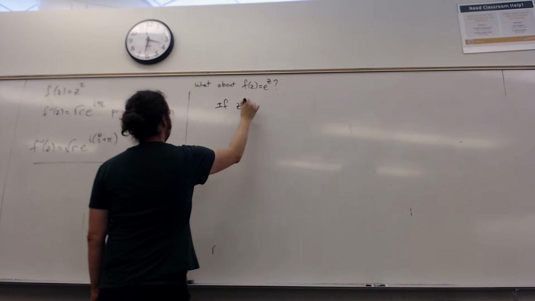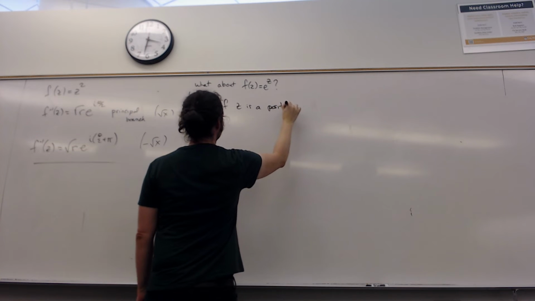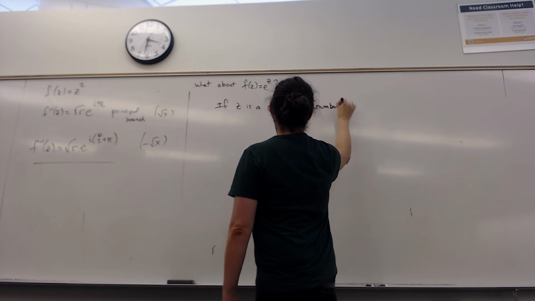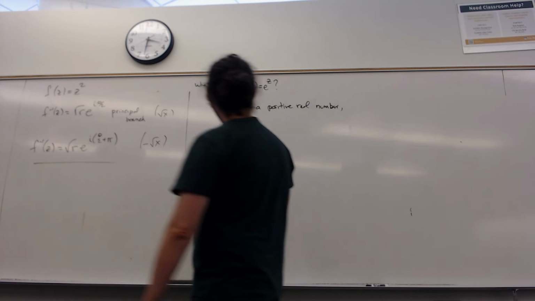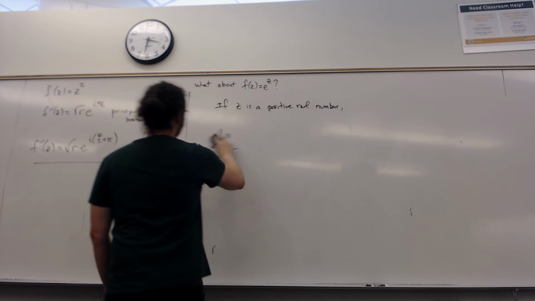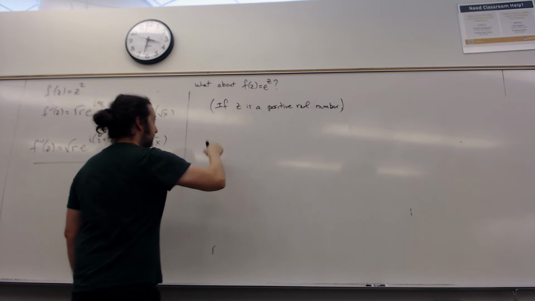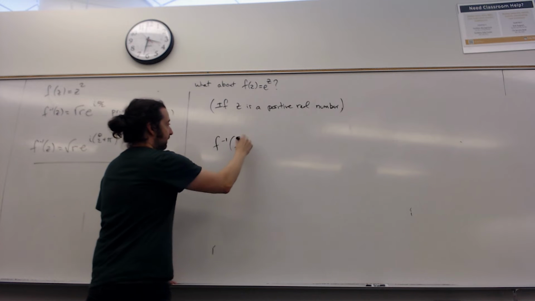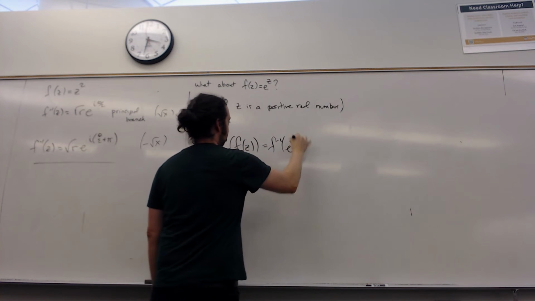If z is a positive real number, what can you say about the function? I'm going to bracket this for just a second because I'm going to start by writing down the inverse. f inverse of f of z, which is f inverse of e to the z, is equal to z.